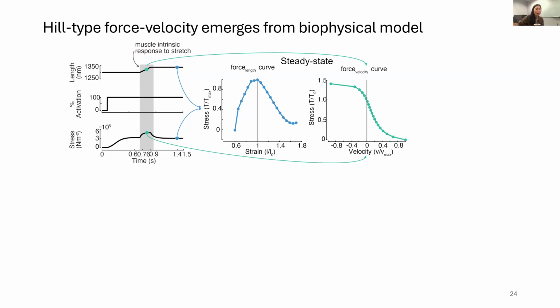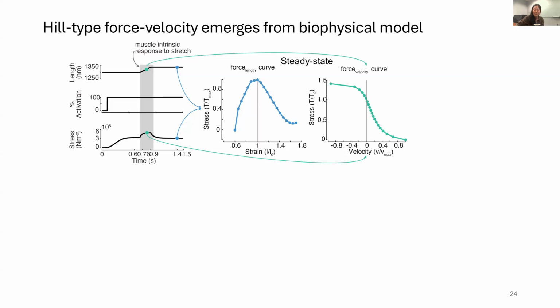But for our model, when you simulate the model at a different length or different velocity, you can see how much force is developed and then plot it over length and velocity to get this typical force length and velocity curve. So I will show how to do this.